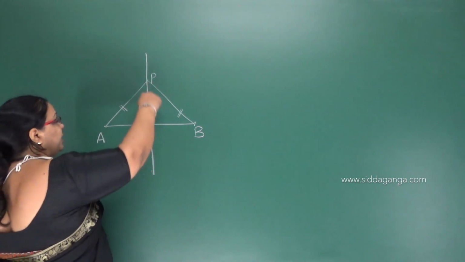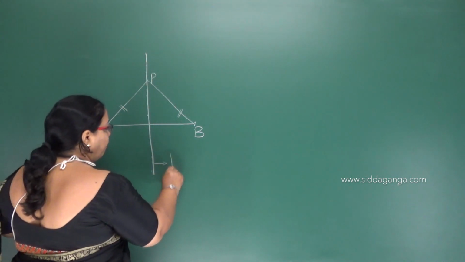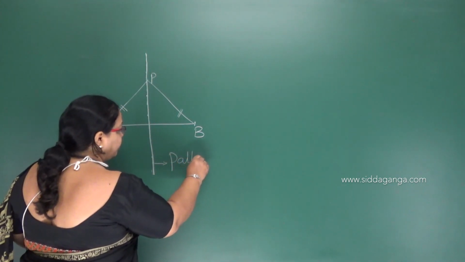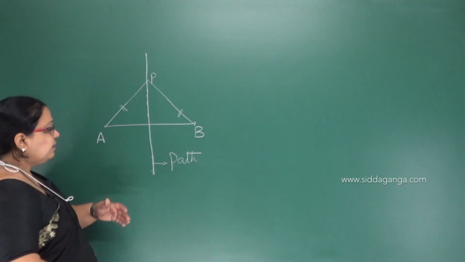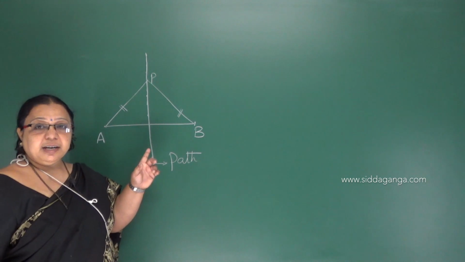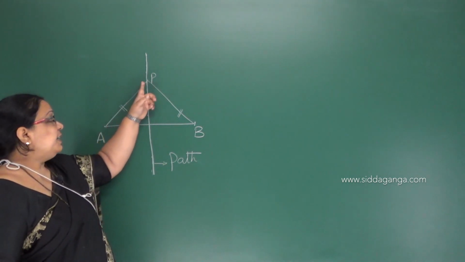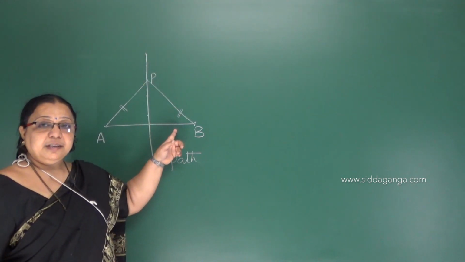The path traced by the points, this is called the path. This is the path traced by the points under the geometrical condition that PA distance is equal to PB distance.